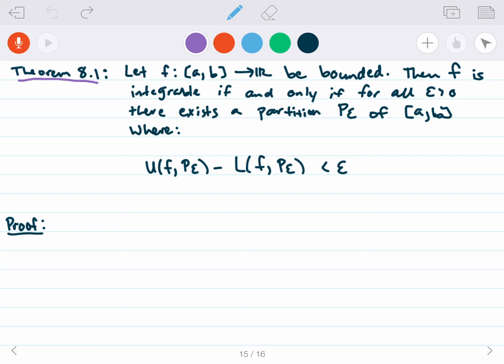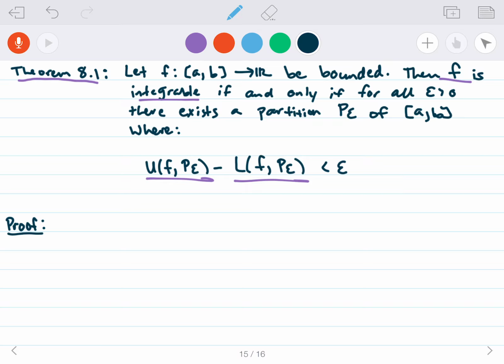We know that f being integrable means that the upper integral equals the lower integral. And so that means that the lower sums are getting closer and closer to the upper sums. And so we can think of this inequality here as, well, epsilon can be as small as it wants. And so we can think of the upper and lower sums as getting closer and closer to each other. And hence we have the integrability criterion.